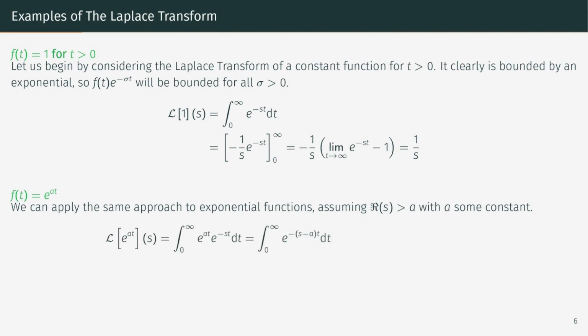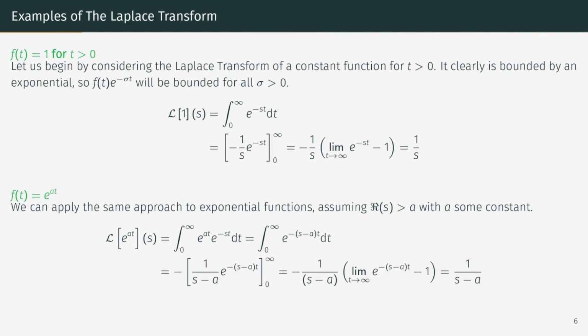Inputting our function, we can see that the Laplace transform of e to the at equals the integral of e to the at, e to the negative st dt from 0 to infinity, which through basic algebra leads to e to the negative s minus a, all times t, dt from 0 to infinity.